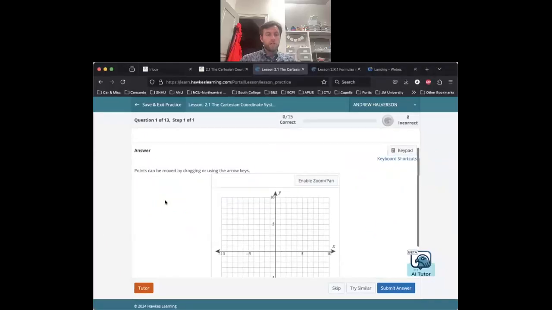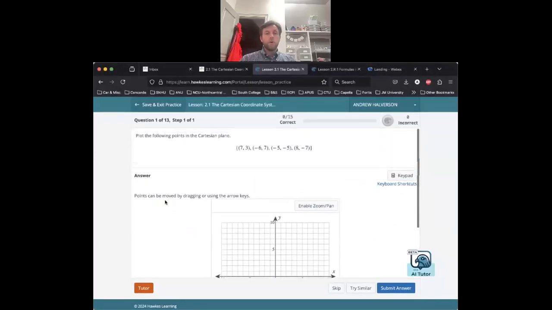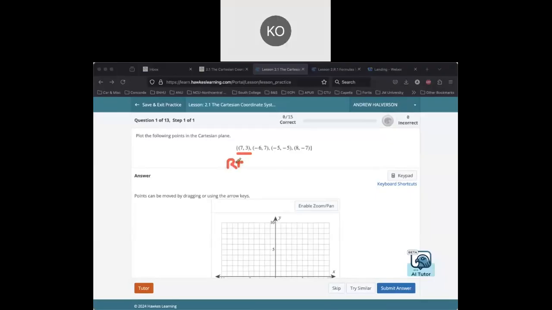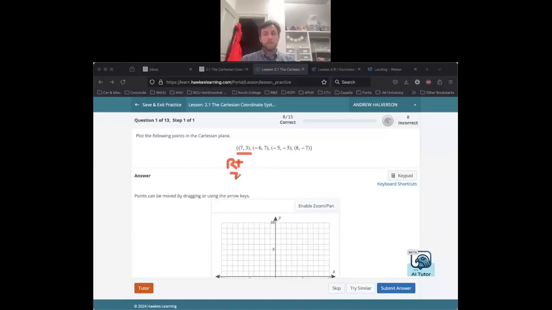So this one says plot the following points. We want to actually turn these into dots. This is the stuff that we've been doing. We'll do the first one, 7, 3. How would you say it with left, right, up, down? Right 7, and then up 3.